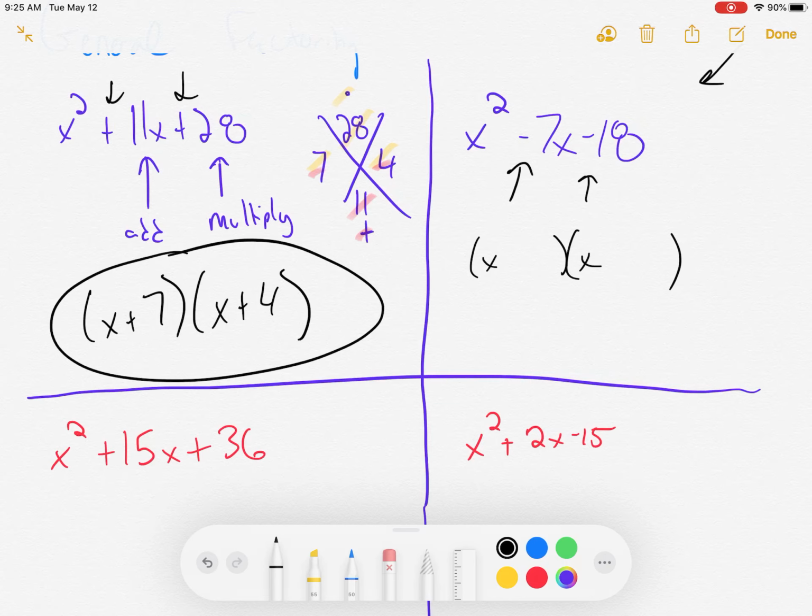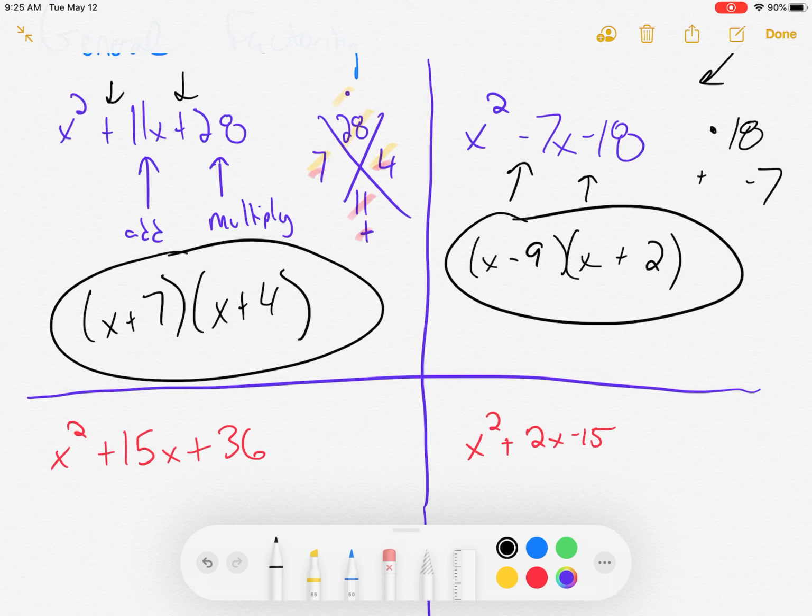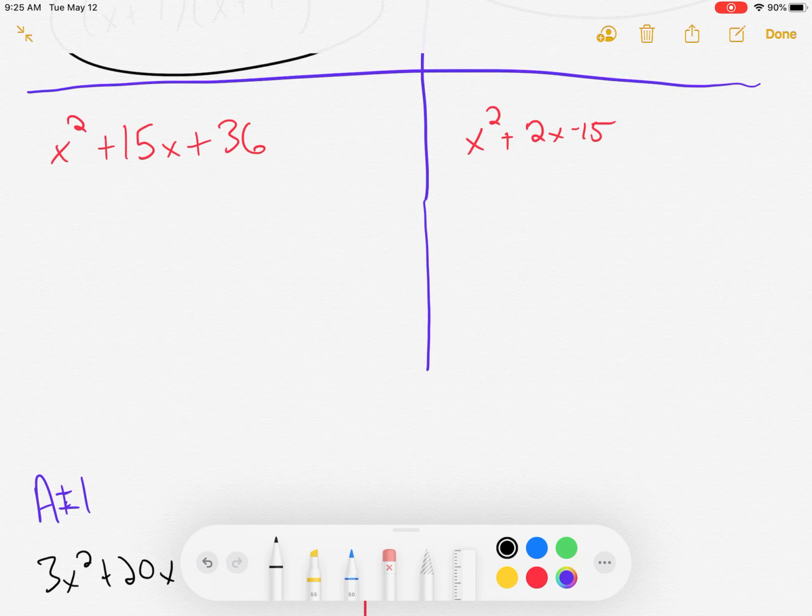Instead of saying add to negative 7, just say the numbers are different by 7. What numbers multiply to 18 and are different by 7? Well, 9 and 2. Is 9 minus 2 7, or is 2 minus 9 7? It should be negative 9 plus 2 is negative 7. That would be your final answer.